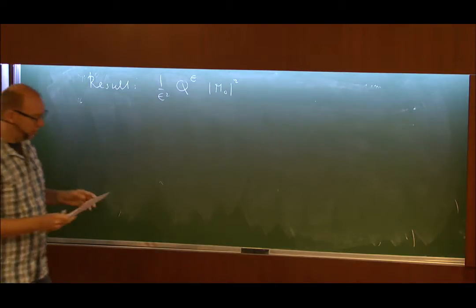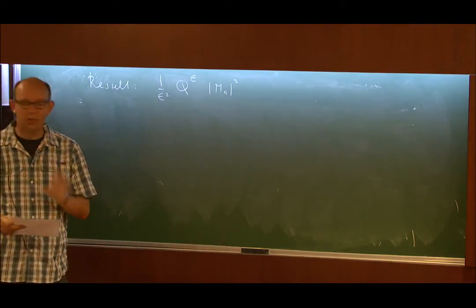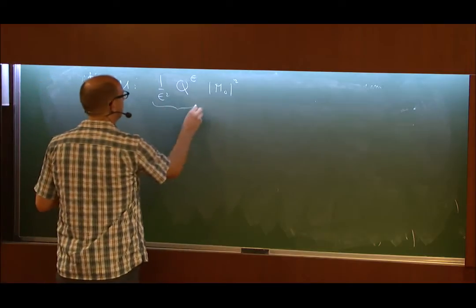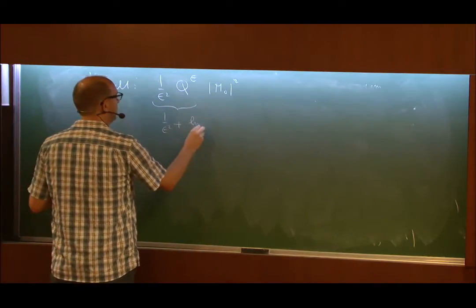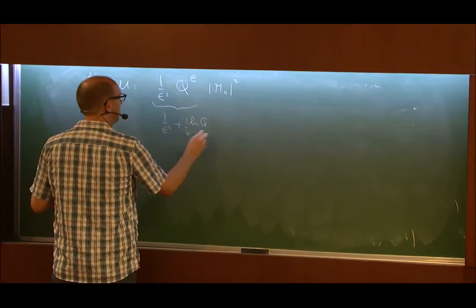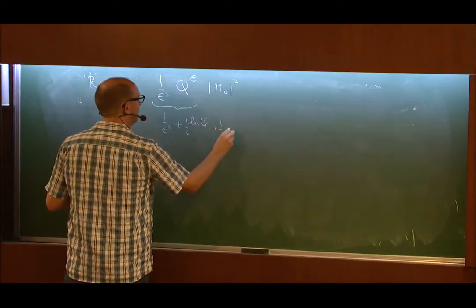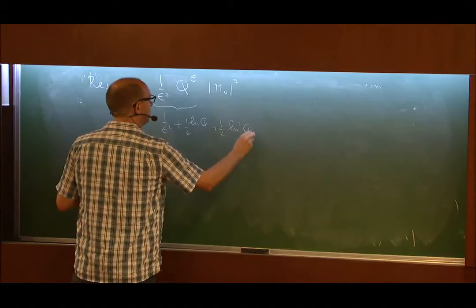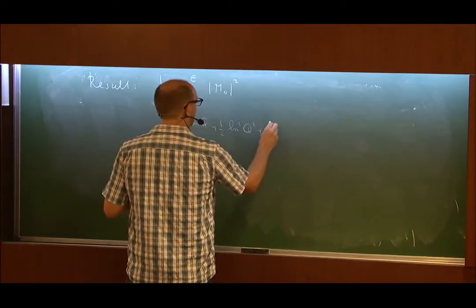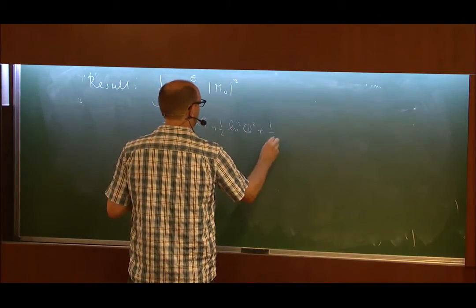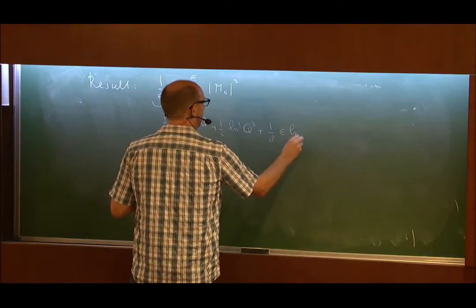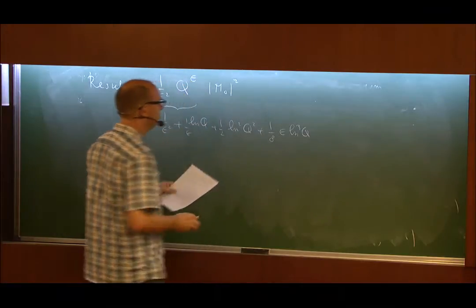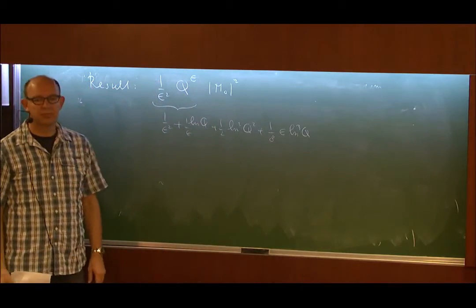Now, let me also give you already one hint: you can rewrite this as 1 over epsilon squared plus log q times 1 over epsilon plus 1/2 log squared of q, plus 1/8 epsilon log cubed, etc. You know this.